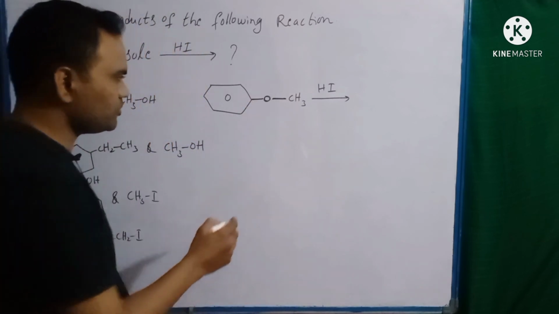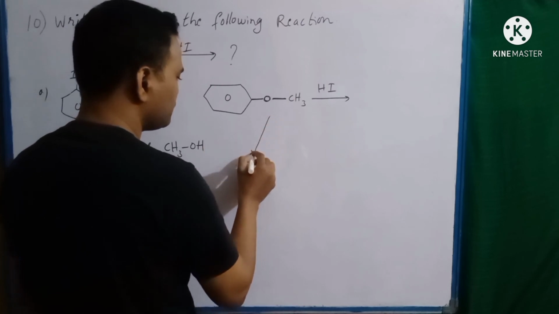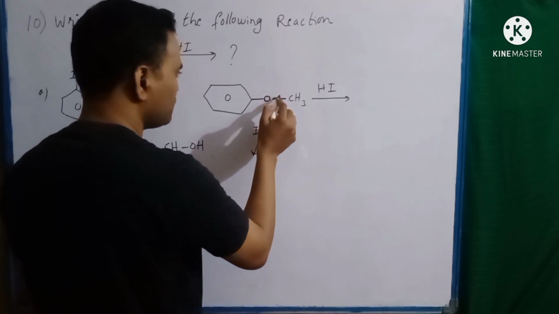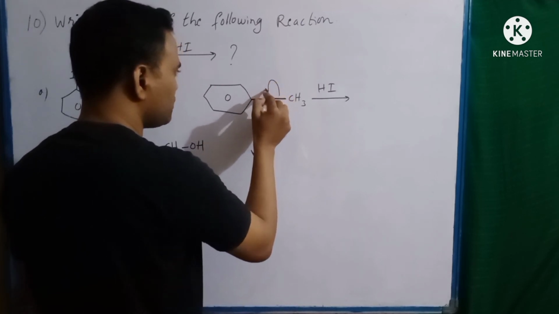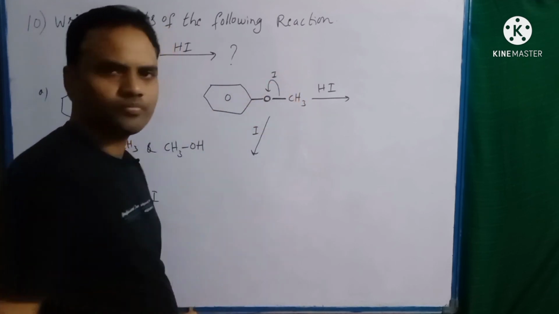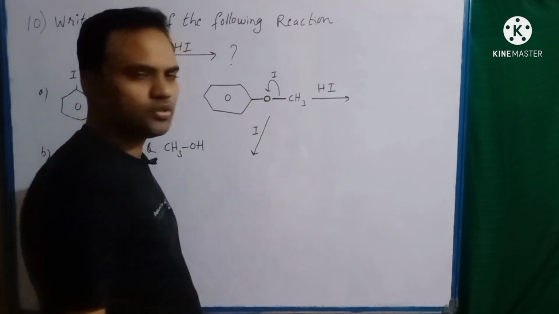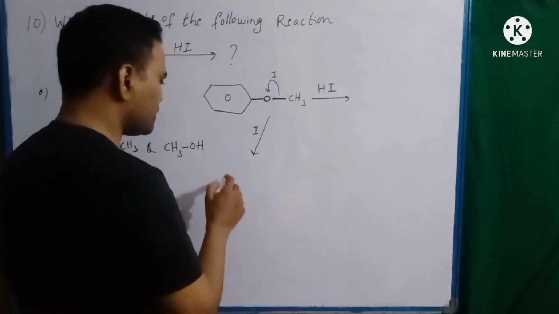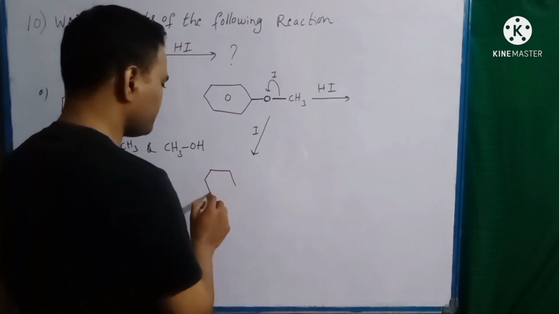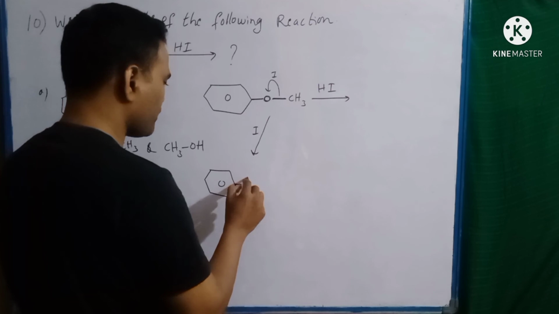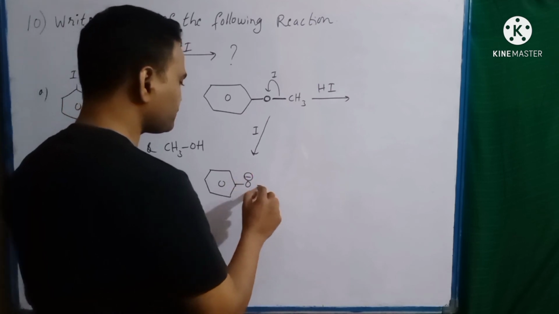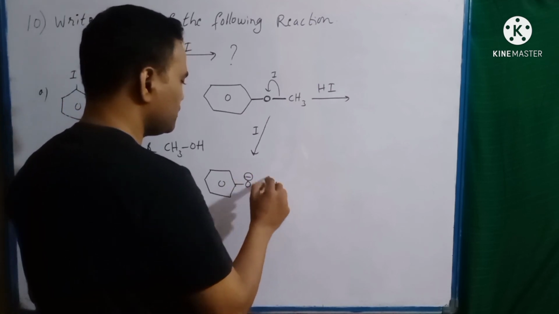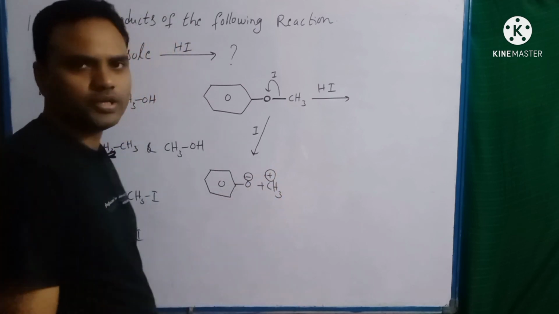Now let us see which possibility is correct. First one, this bond is coming towards oxygen, then oxygen will get negative charge and carbon will get positive charge, O minus and CH3 plus.